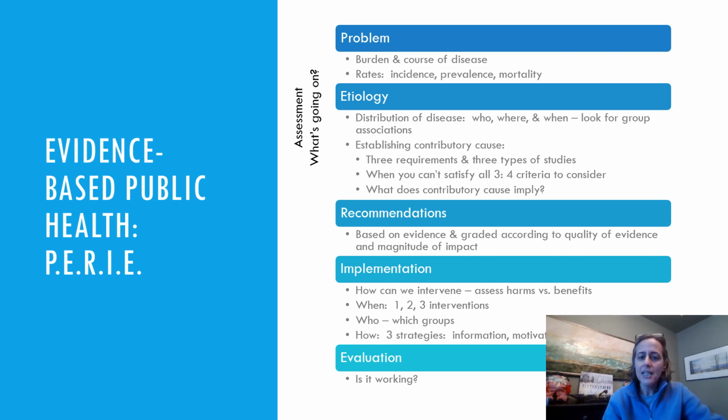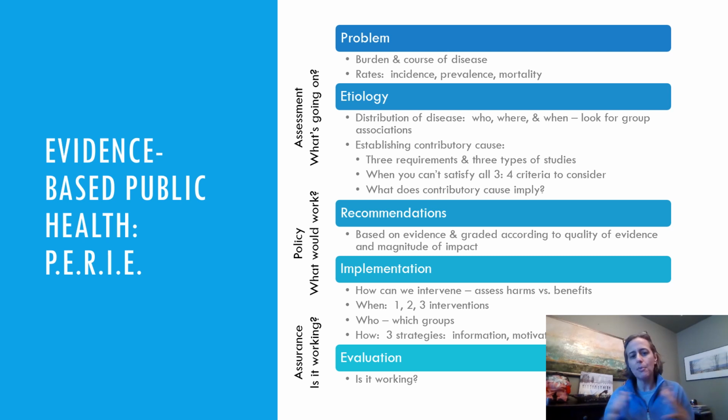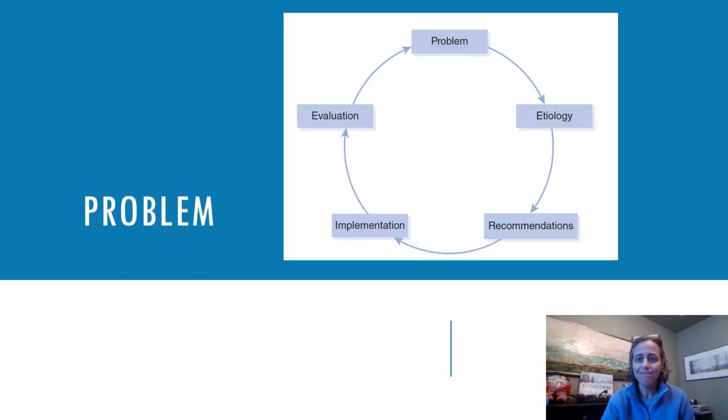Coming up with recommendations and figuring out how to implement them, well, that's the policy or what would work step. And then part of implementation and evaluation then is just like the assurance or is it working step. So this is just breaking that down even further into more individual steps. So let's take them on one by one.